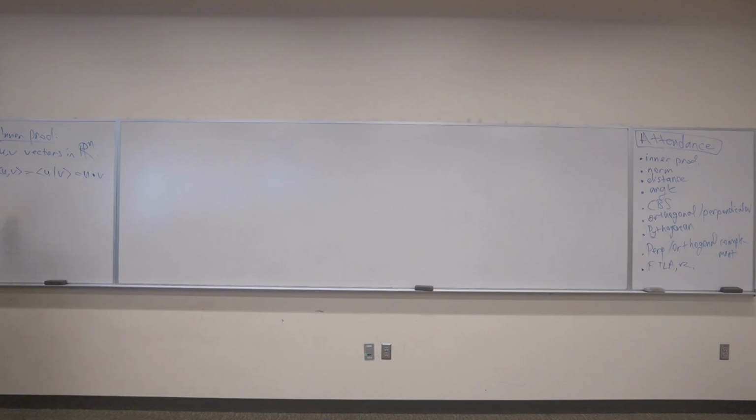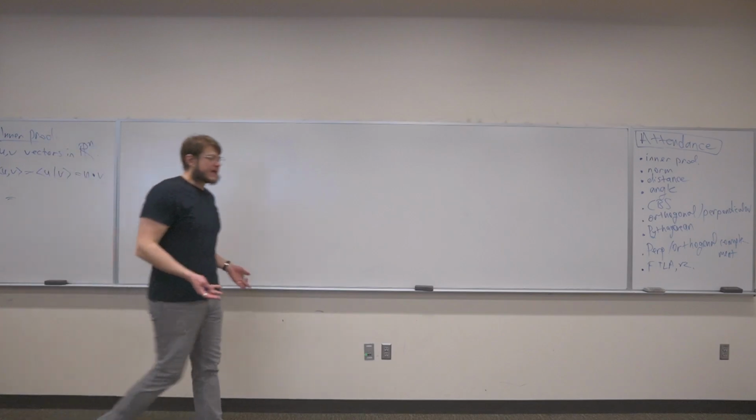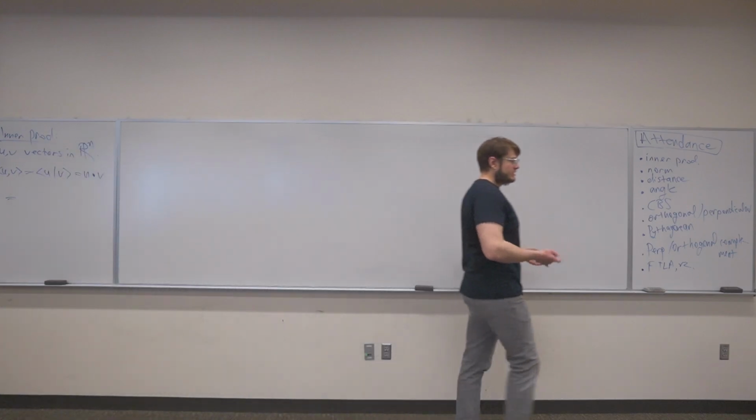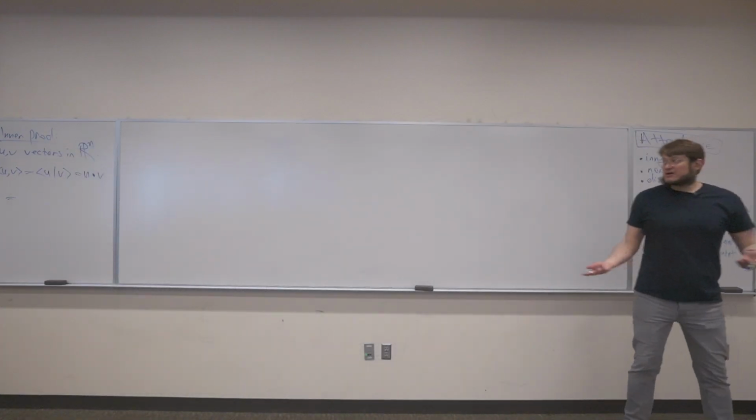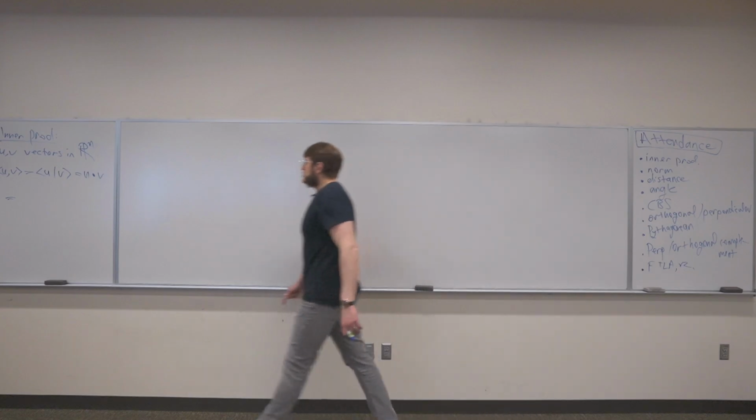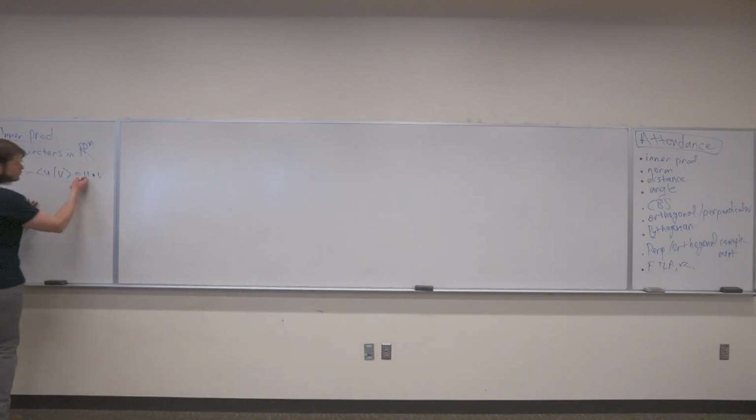And what is this? Well, u is an n by 1 and v is an n by 1. Somehow I want to combine them together in a nice linear algebraic way, and I want to end up with a 1 by 1. In other words, I want to end up with a number. Well, what you can do is take the transpose of this u to get a 1 by n, then multiply: u transpose v.